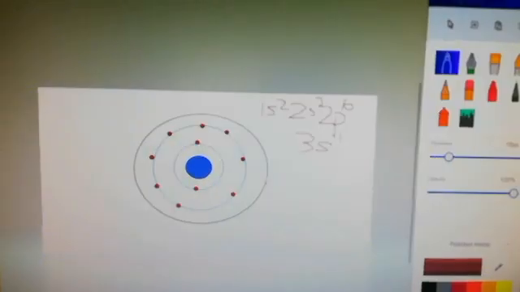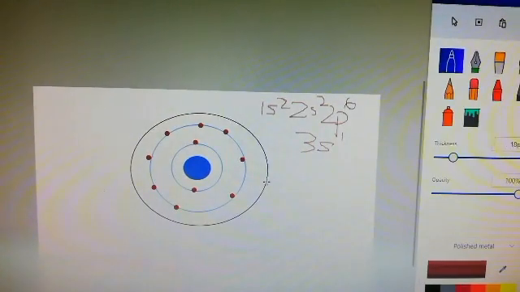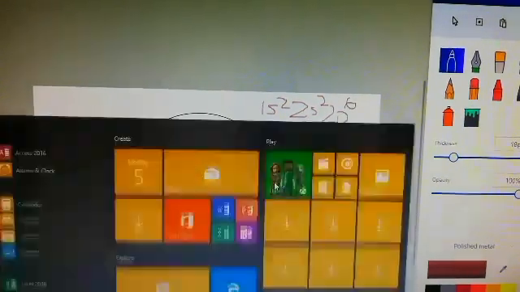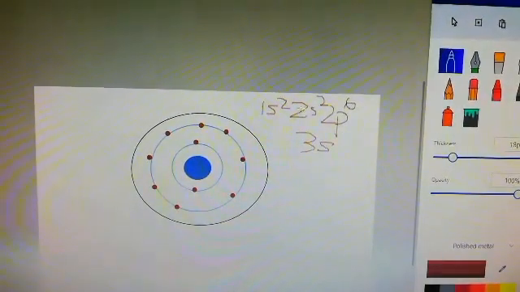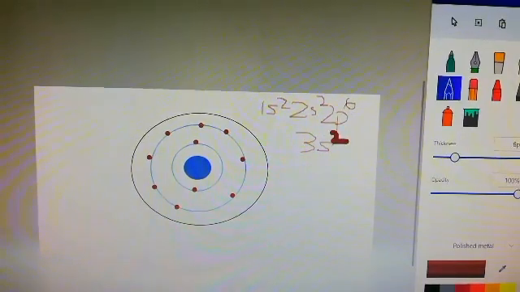Okay? So, ang chlorine naman natin is 17. Okay, 17. So, 1s2, 2s2, 2p6, that's 10. 3s2, that's 12. 3p5, para 17.